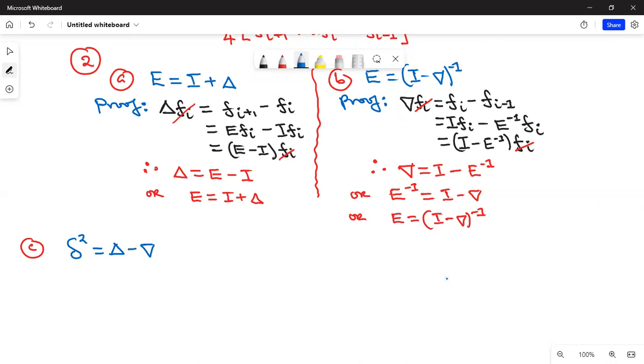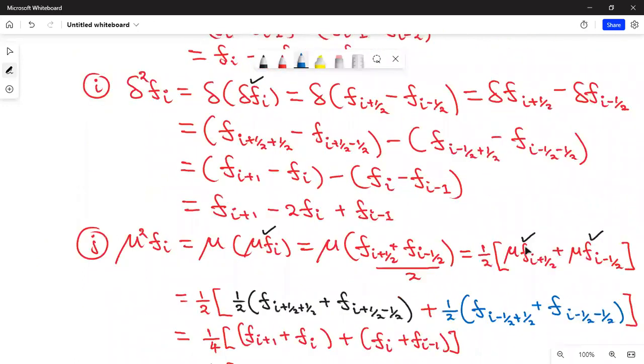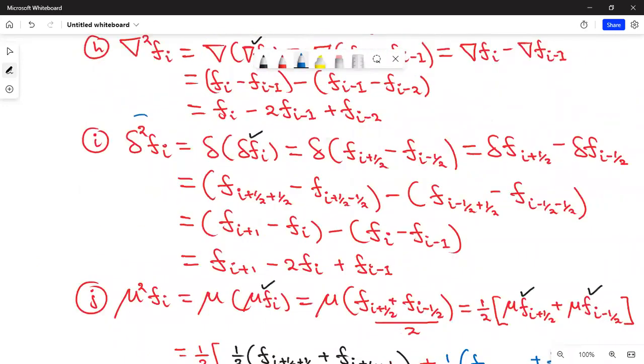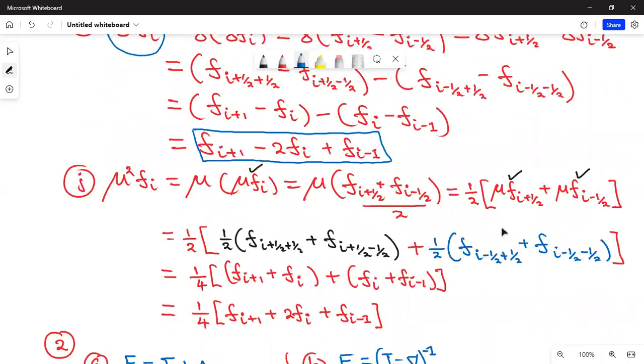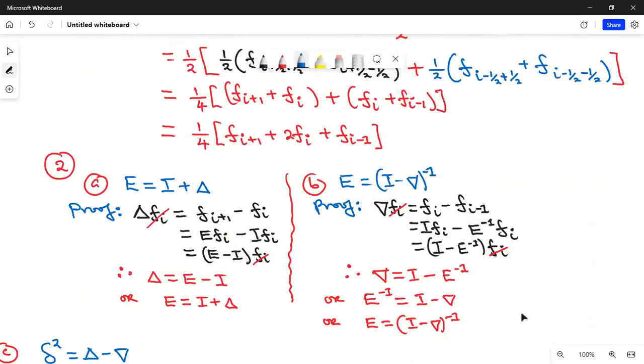So what we do here, of course, you know how we have defined our second order central difference. I don't need to write it again. Look at delta squared operating on Fi, it is this one. And what did we get? Our answer was this. So that's what I'm going to use, because already I've explained how to get to this answer. So let's use it. So that would be Fi plus 1 minus 2Fi plus Fi minus 1.